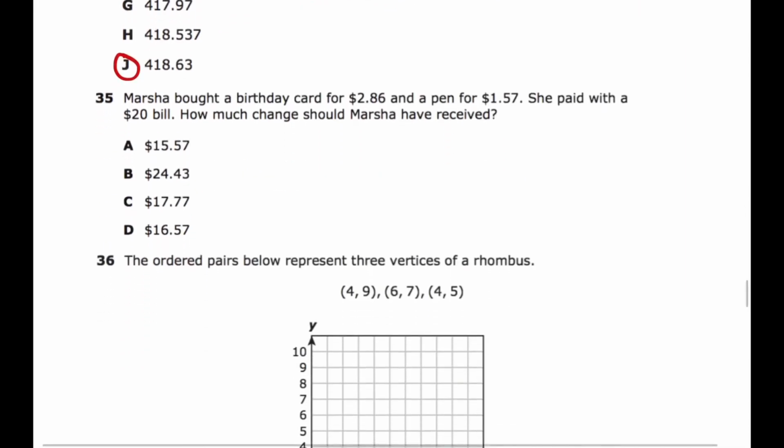All right, number 35. Marcia bought a birthday card for $2.86 and a pen for $1.57. So 1 and 1, so I don't have to multiply anything. That's good. Paid with a $20 bill. How much change should Marcia receive?